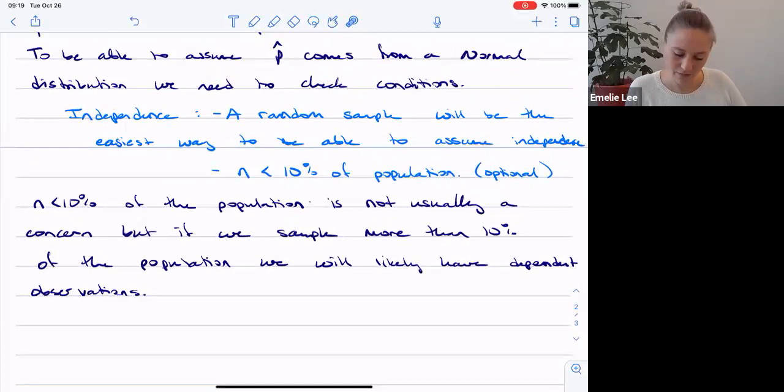But it's optional, so it's not going to be a huge deal. It's not going to affect us, but it is something to keep in mind if you're doing calculations on your own.